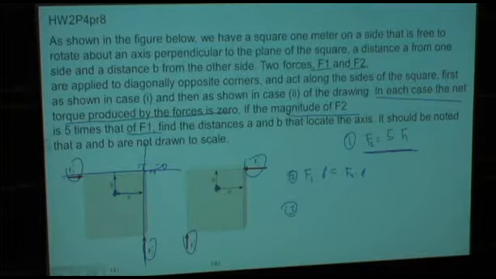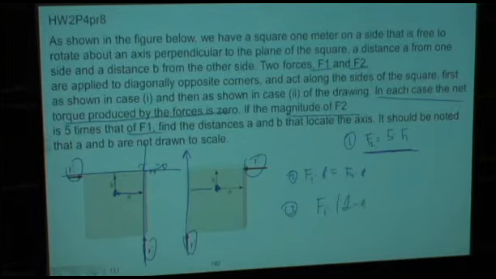This is the axis. Doesn't have to be there, actually, but that's just natural choice. So this torque, that's the line of action. This is the lever arm. So this torque has magnitude of force times 1 meter minus A. So this is 1 meter long.